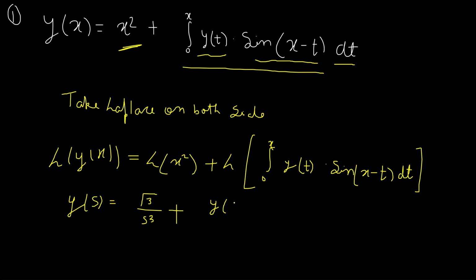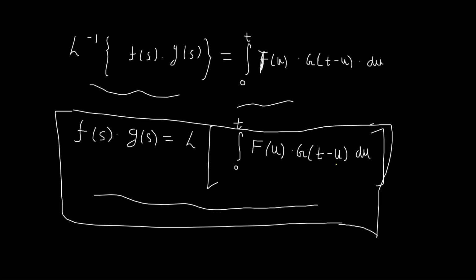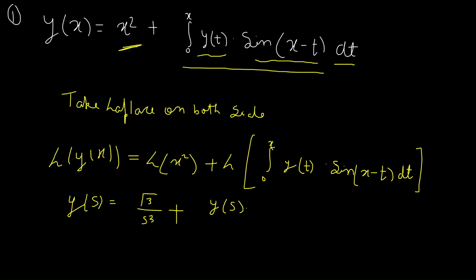The Laplace of y of t is y of s. Here it is of the form t minus u, so we can write it as sine of t, and the Laplace of sine of t is 1 upon s square plus 1.